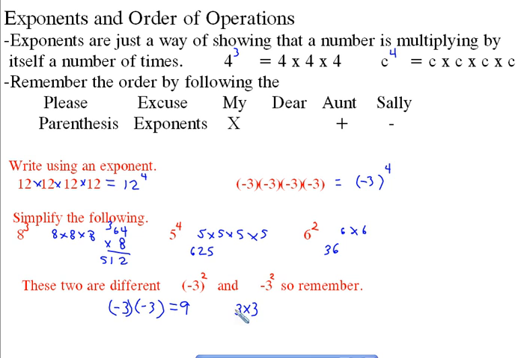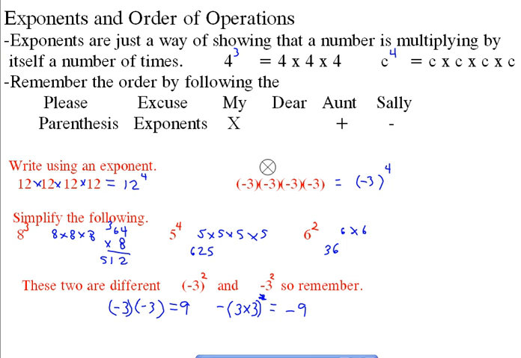Remember, you do exponents as quickly as you can. This simply means 3 times 3, which is going to be 9, and then take the negative of it, because that is what it means.